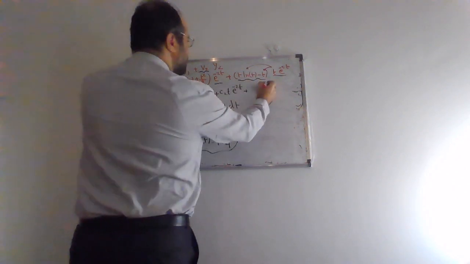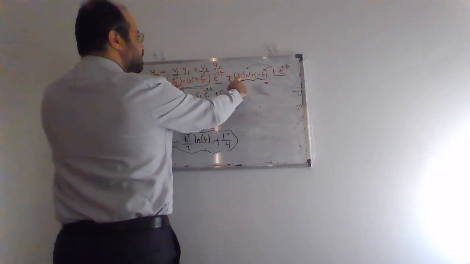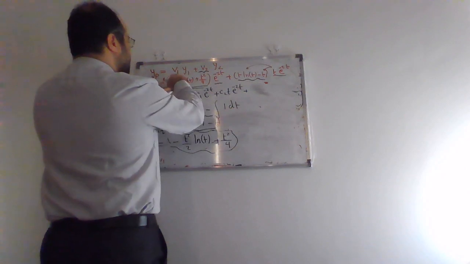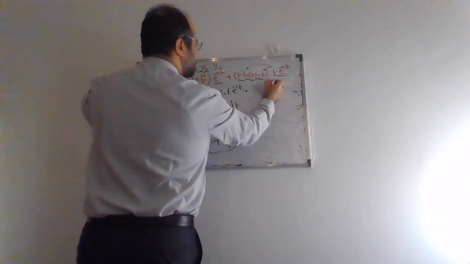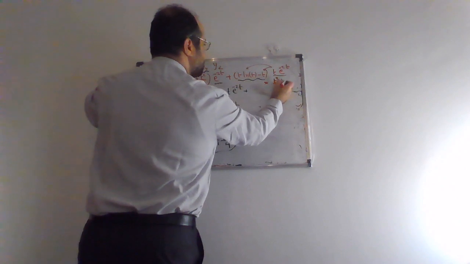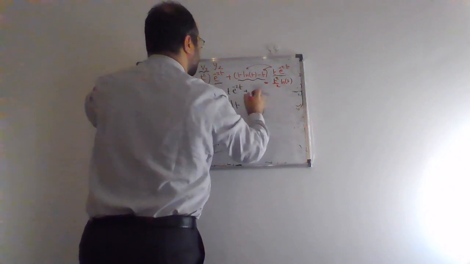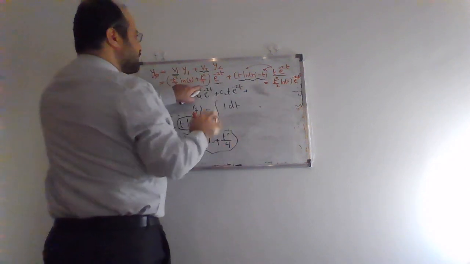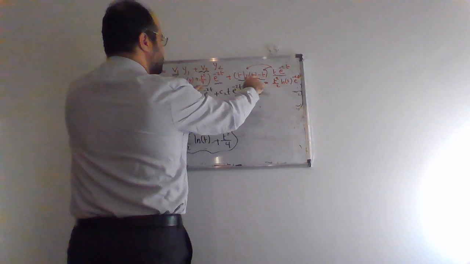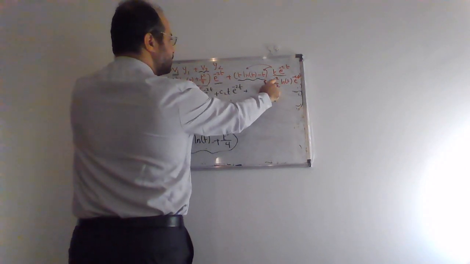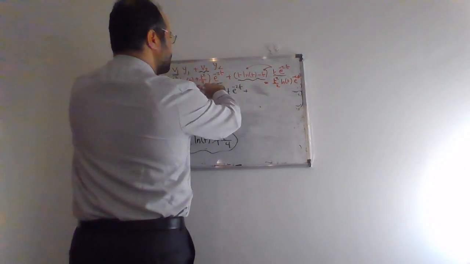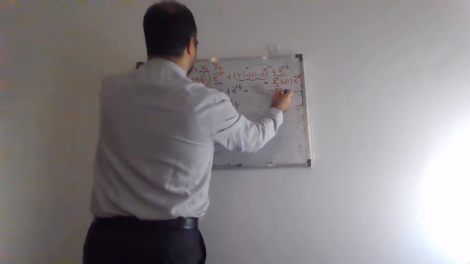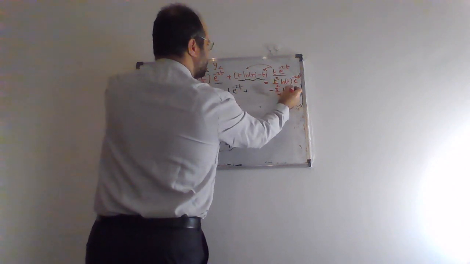It seems to me that this thing can be simplified. You get t squared e to the minus 2t, and here minus t squared over 2 times t squared over 2 ln of t, and e to the minus 2t if you like. And the second thing is t squared minus t squared, then you get minus 3 over 4 t squared e to the minus 2t.